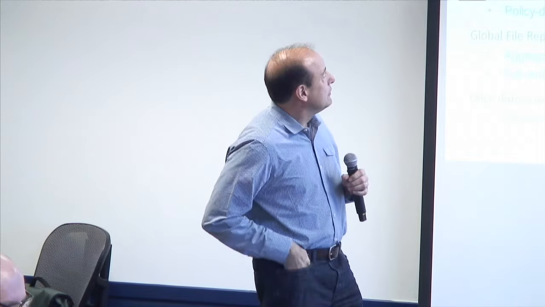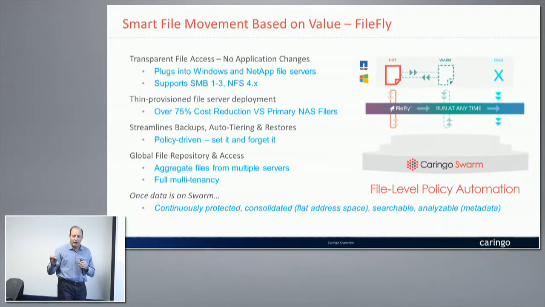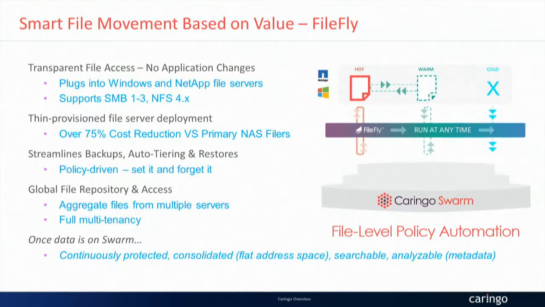From a use case standpoint, the access is transparent. Behind the scenes, we have integrated directly. Let me use Windows file servers as an example. We have a Windows-based application directly integrated with the NTFS file system, supporting CIFS and NFS, and there are essentially three use cases.